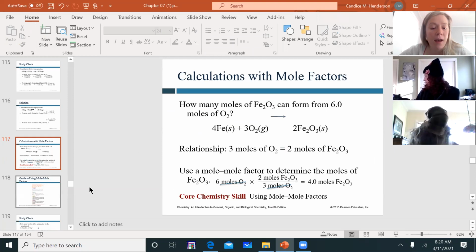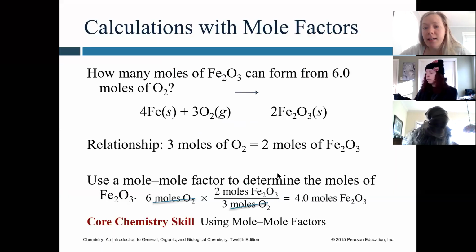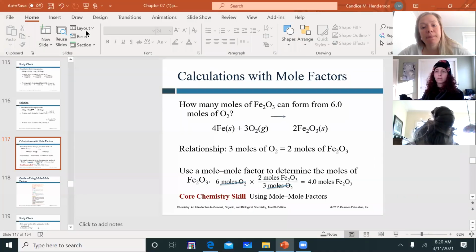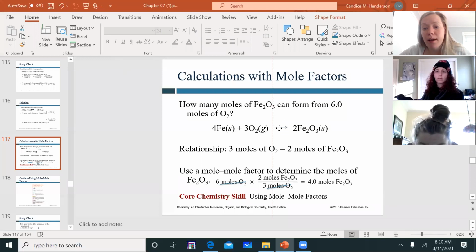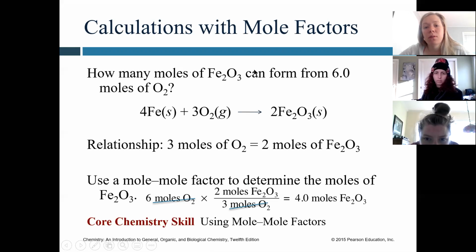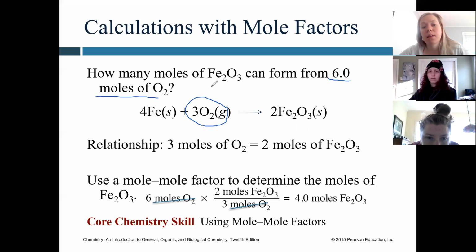So those relationships come in handy if I say, hey, I'm going to give you a certain amount of the reactant, and I want to know how much product I could potentially produce. How many moles of Fe2O3 can form if you have 6 moles of O2? If I know something about oxygen, specifically that I have 6 moles of it, can I talk about how much product I would have?